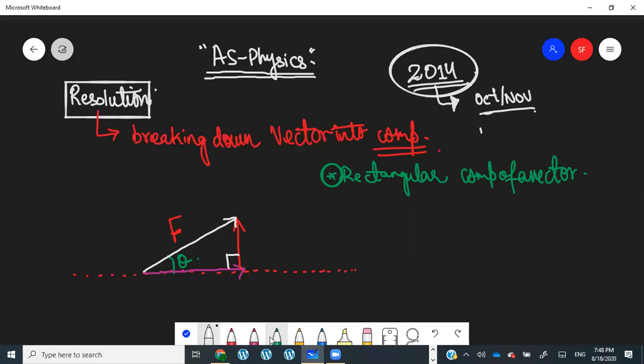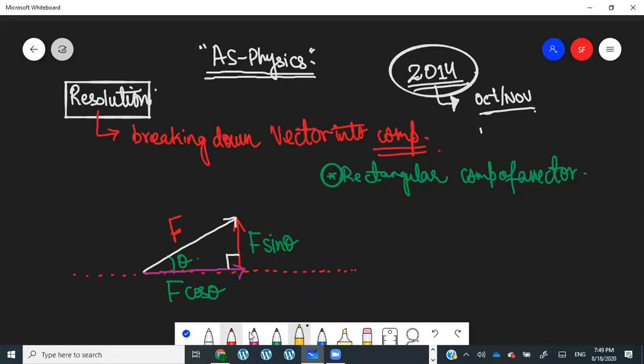If you want to calculate the value of this horizontal vector, the value is F cos theta. Whereas the vertical component of this vector is F sin theta. Okay? So this is how you resolve a vector into its rectangular components.